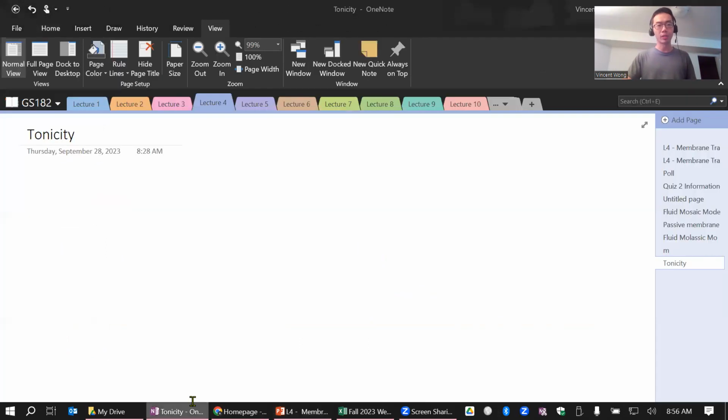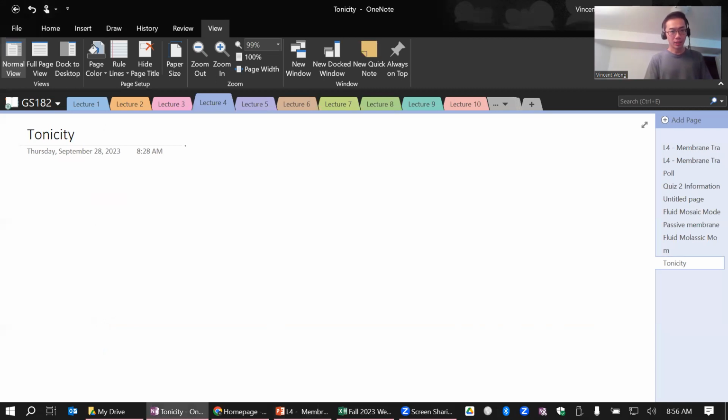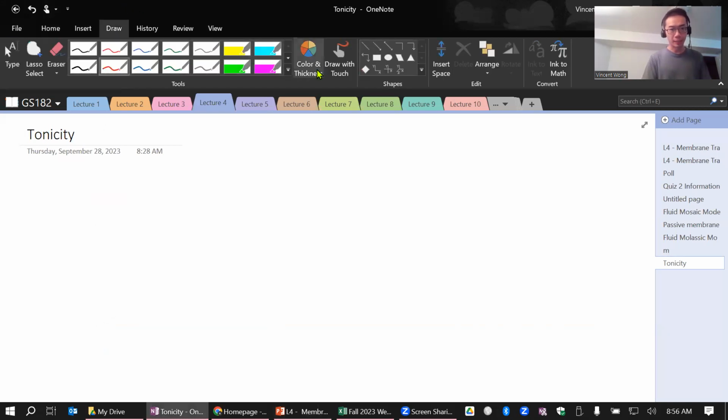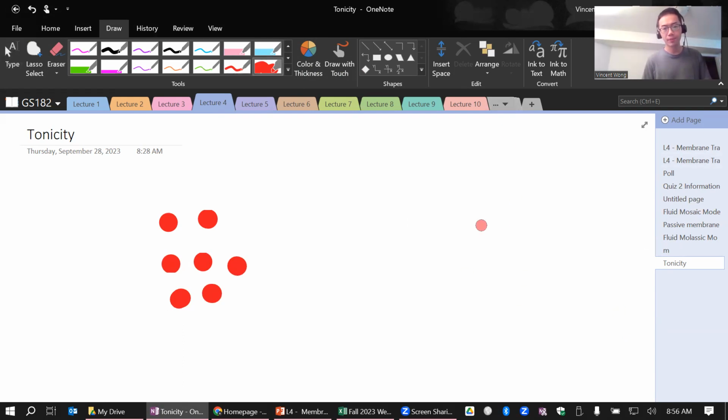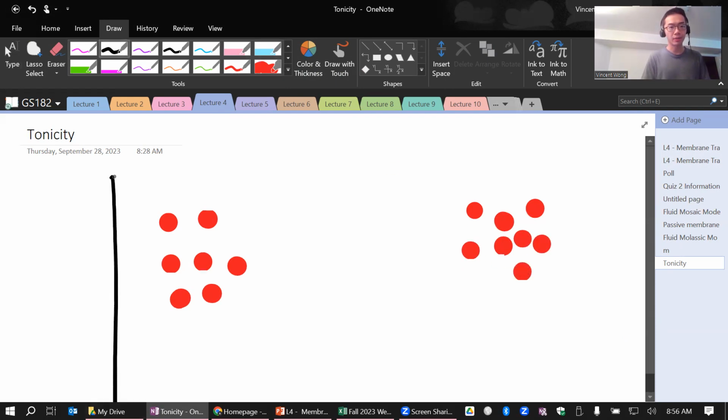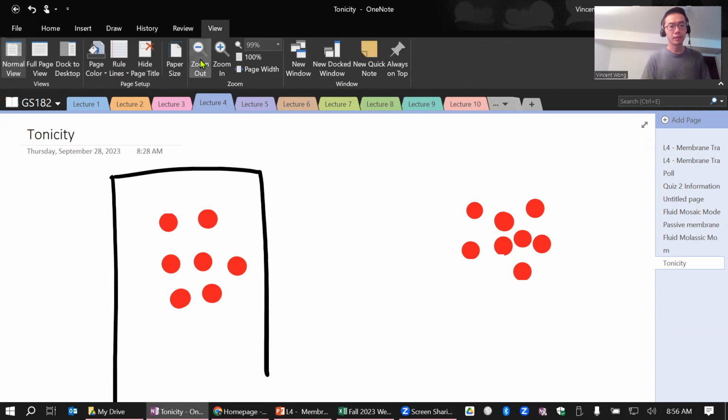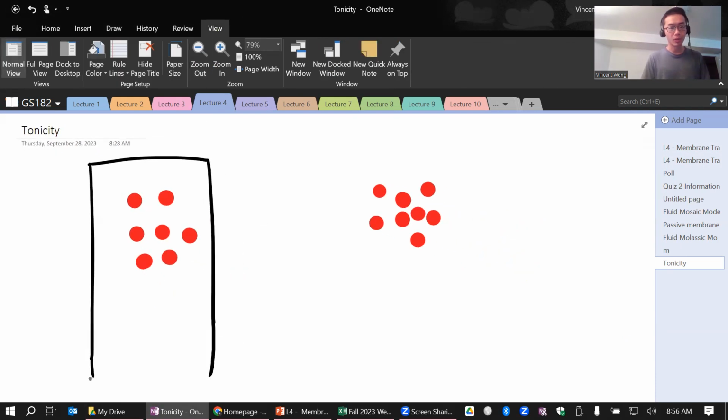Let me maybe draw this out for you. You don't have to draw this, okay? If I just have a bunch of molecules like this, versus this situation. Let's say we have two containers here. Again, you don't have to draw this, you can just watch.